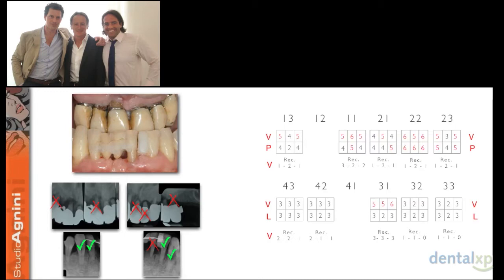And you can see that in the upper arch, unfortunately, due to a lot of periodontal and endodontic problems, we cannot save any of these teeth. While in the lower arch we can save some of the teeth of this patient, and it's always important to show this to the patient.